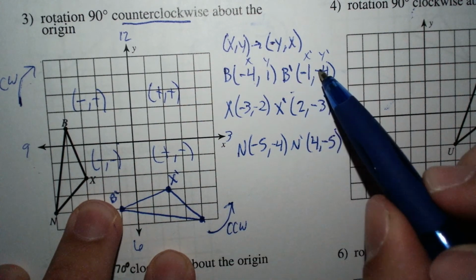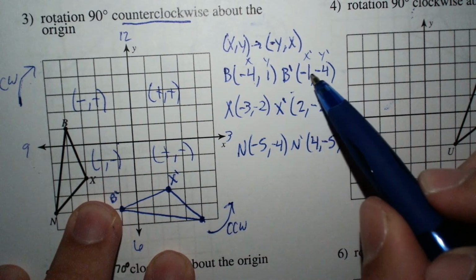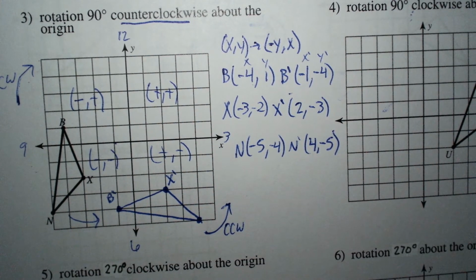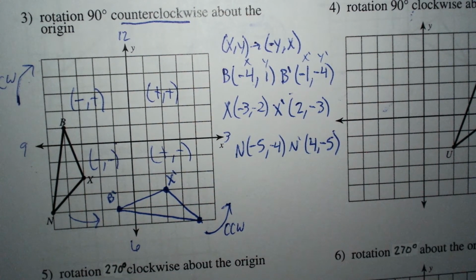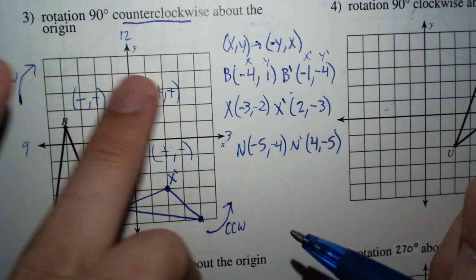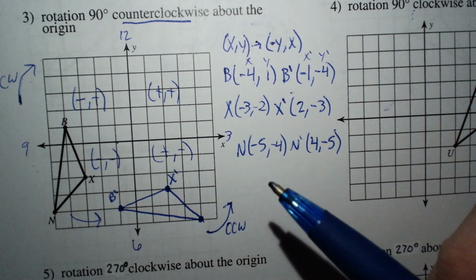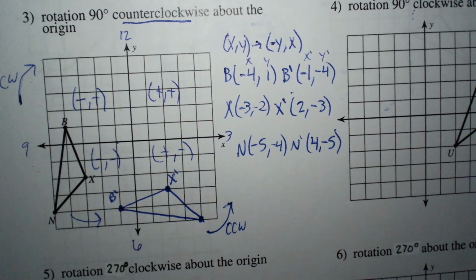Quadrant 3 is negative negative. So you make your signs negative negative. Then all you have to remember is when you go 90 degrees, your x and y flip-flop. Okay, so there are a couple of different ways to remember that. You can memorize the rules, or you can memorize the signs for each quadrant and go based on that. Either of those is a fine option and will give you the right answer.